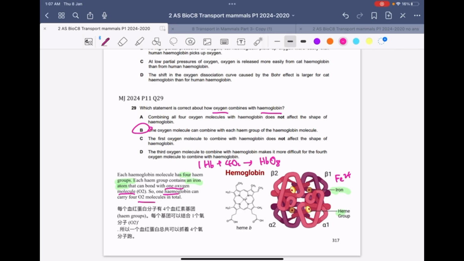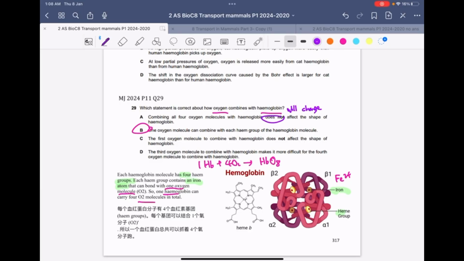For A, combining all 4 oxygen molecules will change its shape, so A is incorrect. This will change the shape of the hemoglobin.